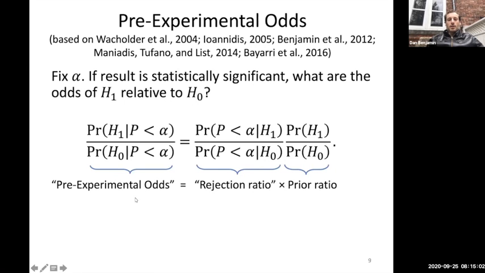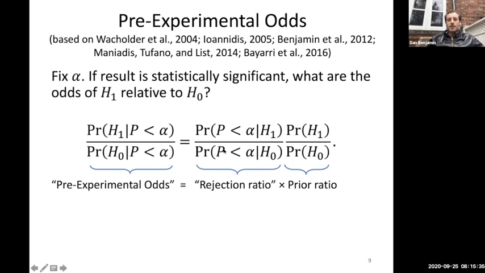So we can give this a name. In some work that I've done, my co-authors and I have called this the pre-experimental odds, because it's basically the odds for the alternative that you would get from a significant result. And it's pre-experimental in the sense that we don't know what the actual p-value is yet. We're just saying how strong would the evidence be from a significant result if I ran this experiment and got something significant.